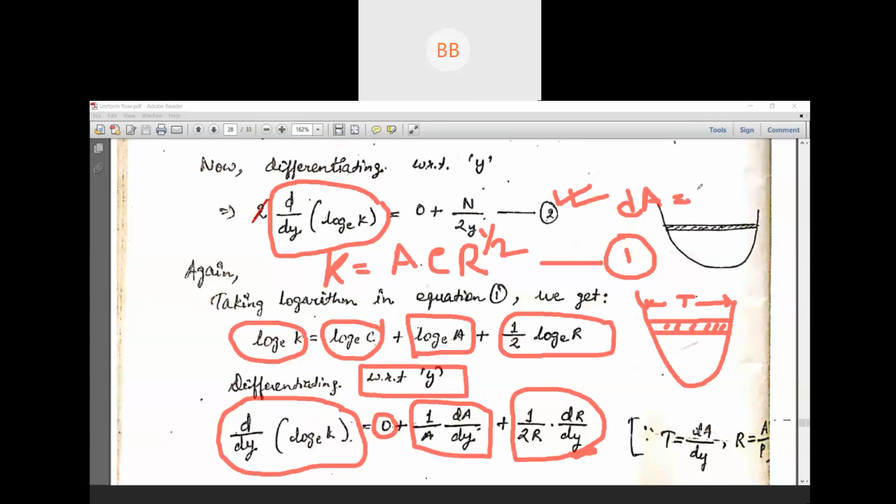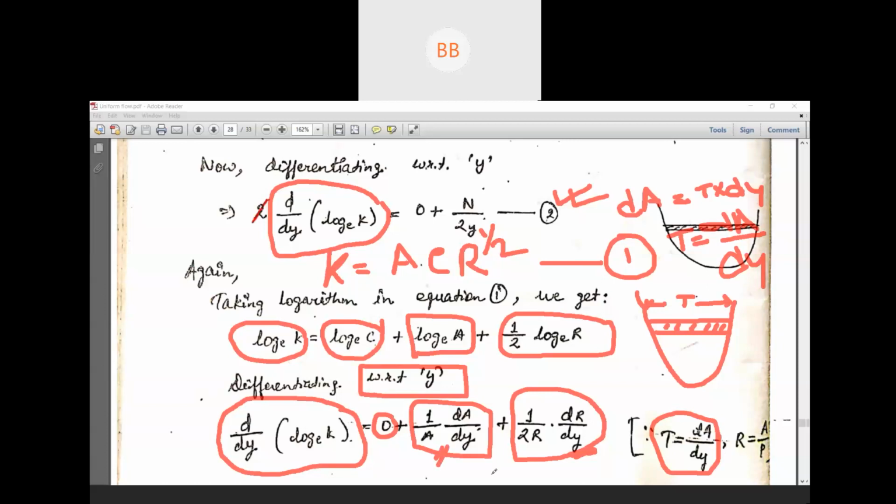B is nothing but your top width, multiplied by dy. So you can write in place of top width dA by dy. Okay. So here we have dA by dy in this equation, so that dA by dy we are going to replace by top width.